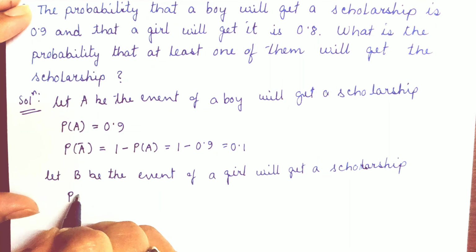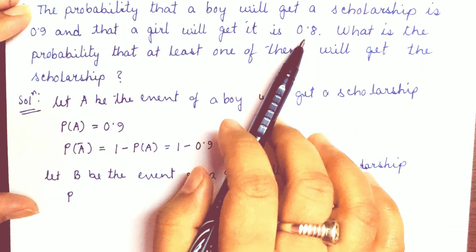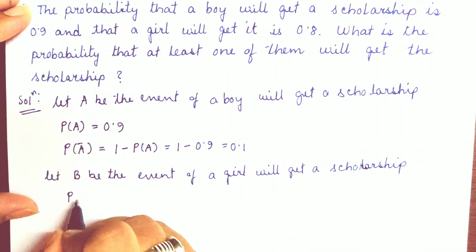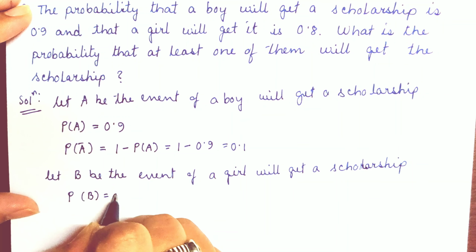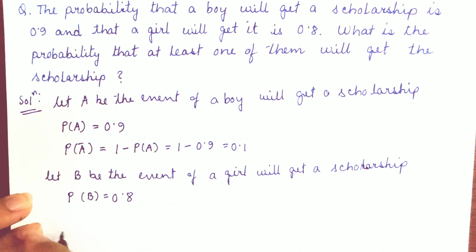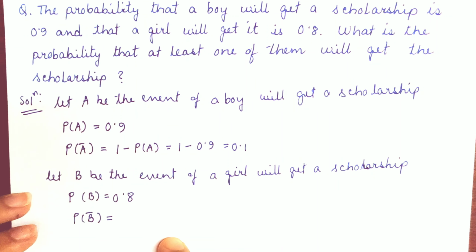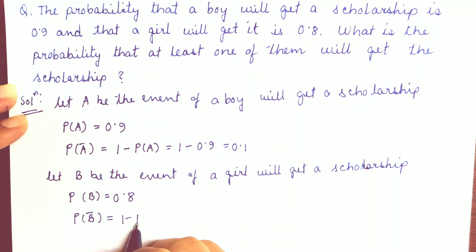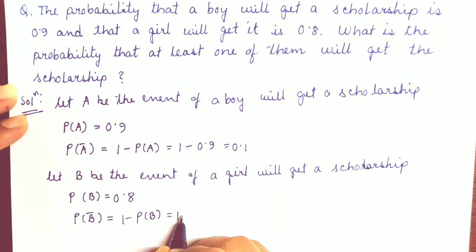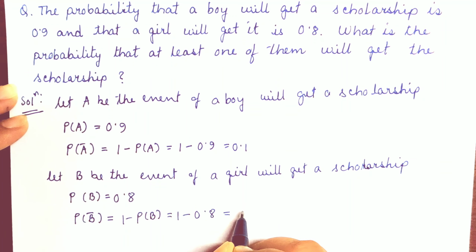Given that the probability that a girl will get the scholarship is 0.8, that means P(B) is equal to 0.8. Now P(B bar) is the probability that the girl will not get the scholarship. 1 minus P(B), 1 minus 0.8 equal to 0.2.